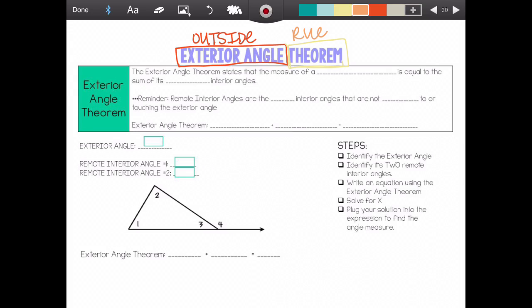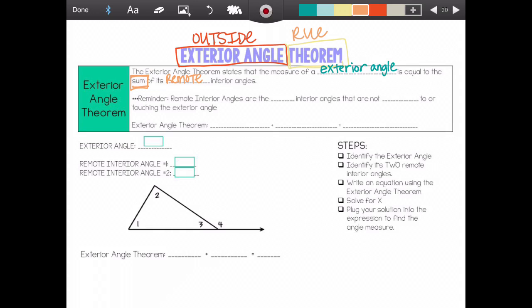So this theorem states that the measure of an exterior angle is equal to the sum, and that's important to remember, the sum of its remote interior angles.